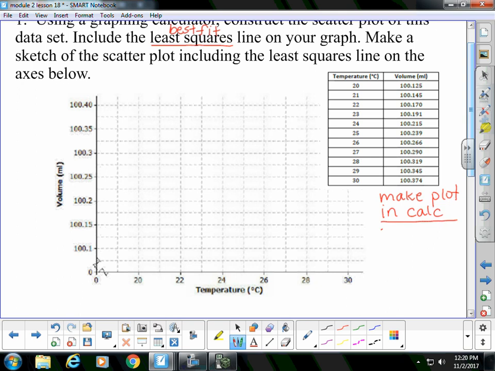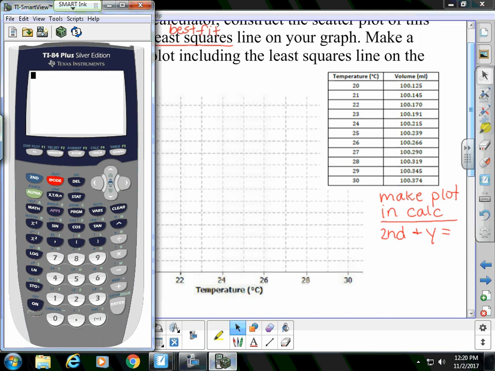You're going to hit second and Y equals, which some of the Y equals keys I'm noticing are starting to fade away, but the Y equals key is this very first key up here. And then we're going to pick number 1, so you hit enter.